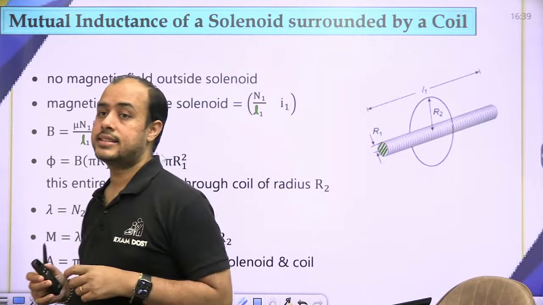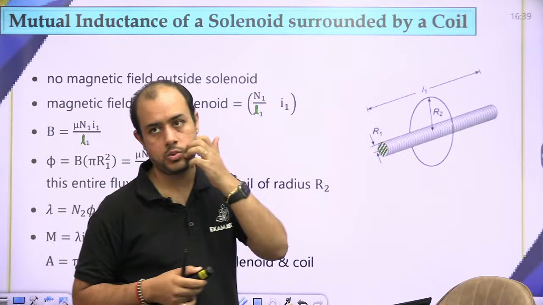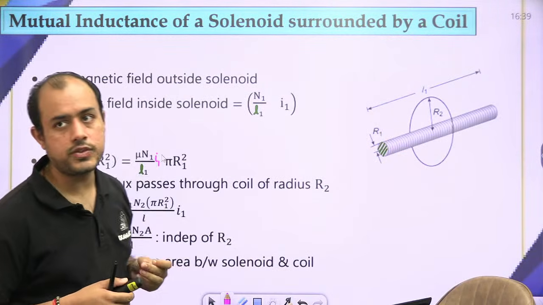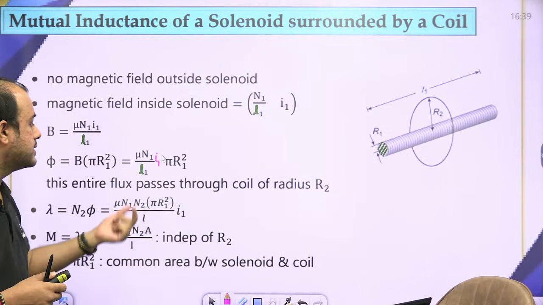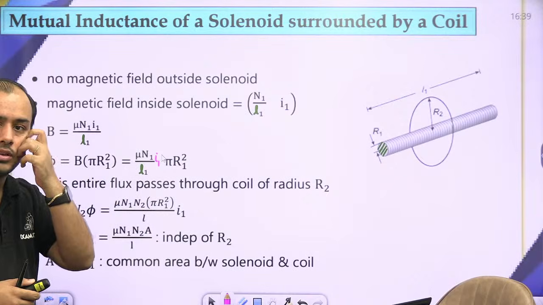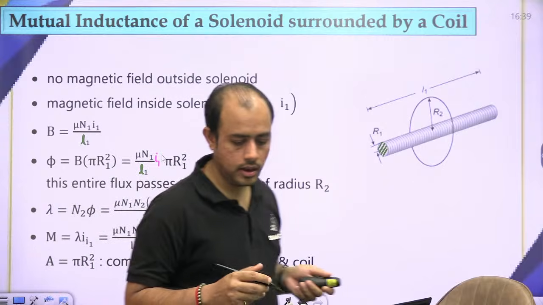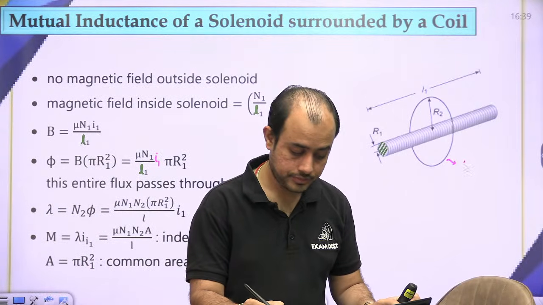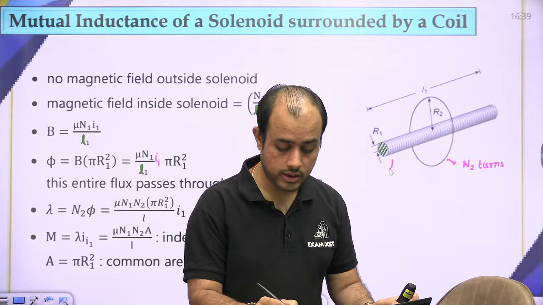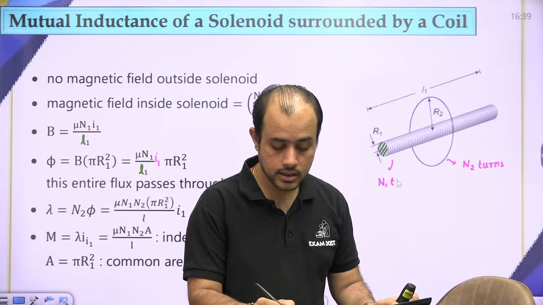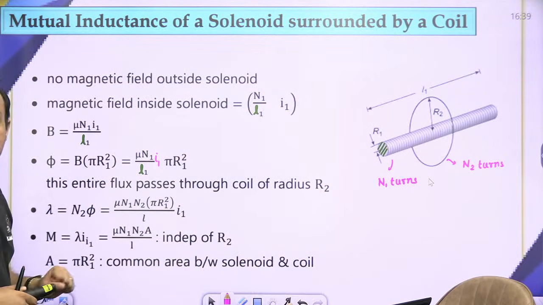Then this entire flux passes through the coil of radius R2. So the flux linkage with R2 is the same flux. If it has N2 turns, multiply it by N2. So this coil has N2 turns, this solenoid has N1 turns, and for flux linkage we are multiplying by N2.